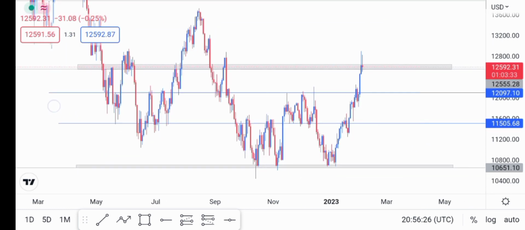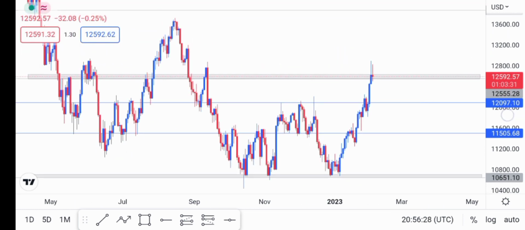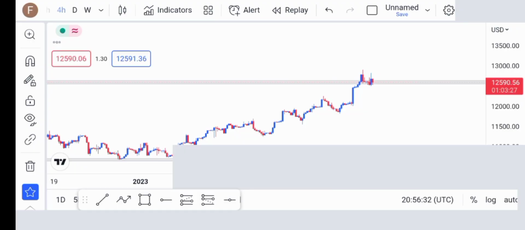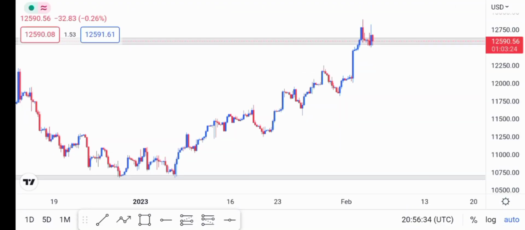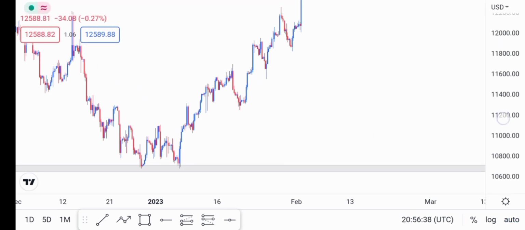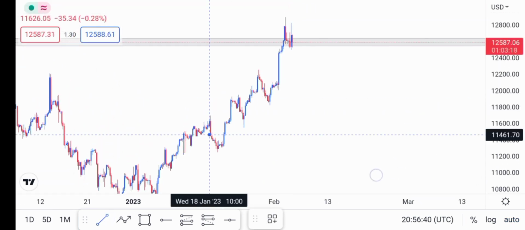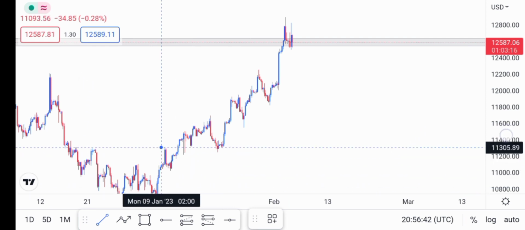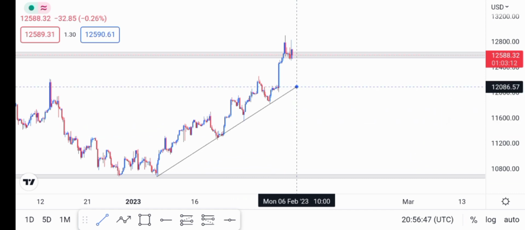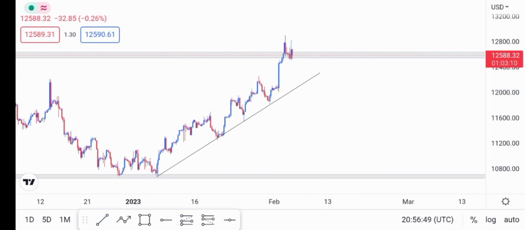If we move to the lower time frame, let's say the 4-hour time frame, we did have a beautiful push to the upper side, starting from this point over here up until right over there.